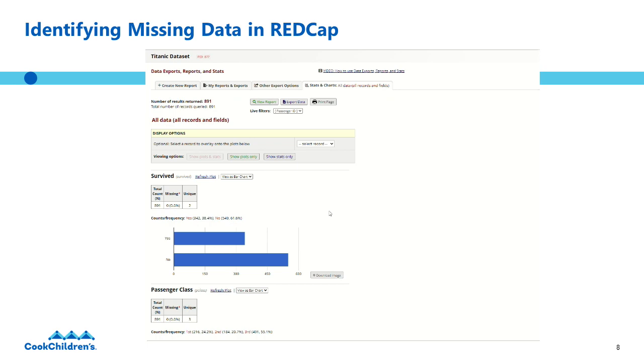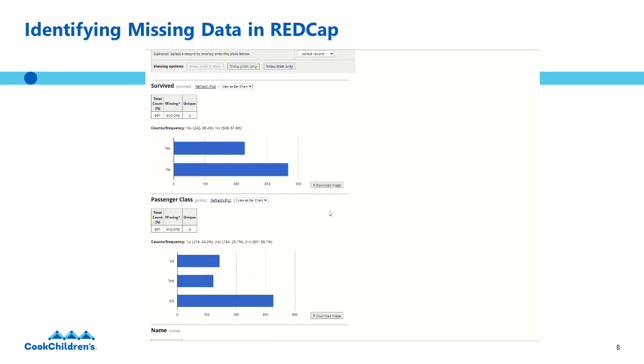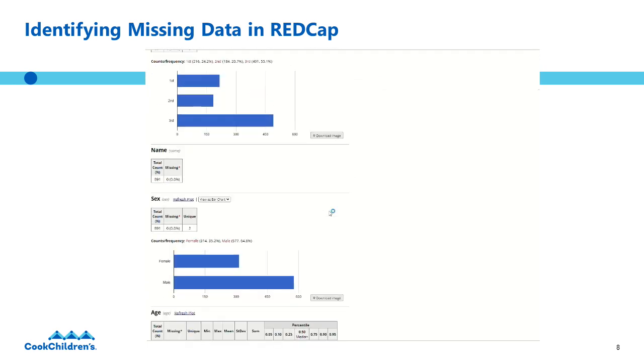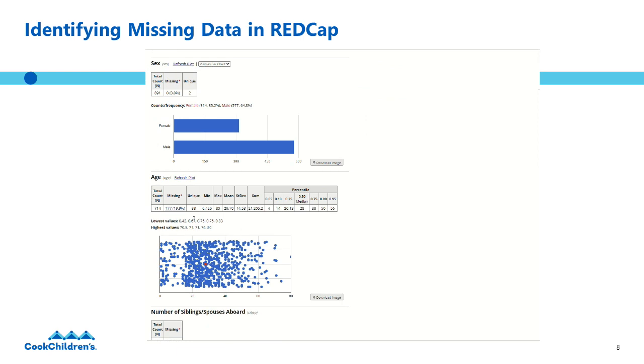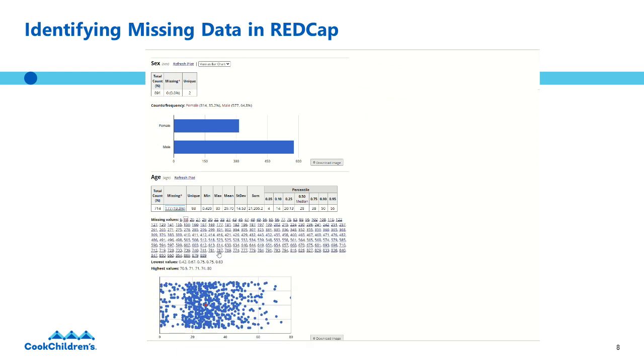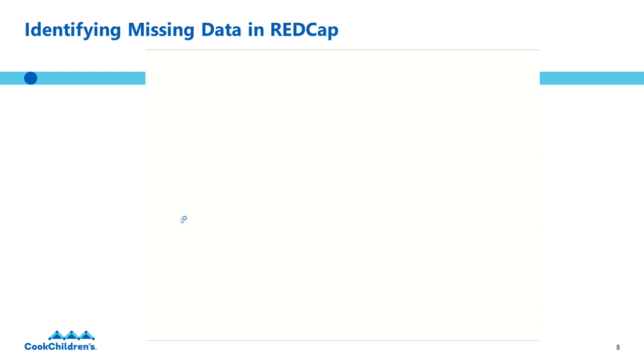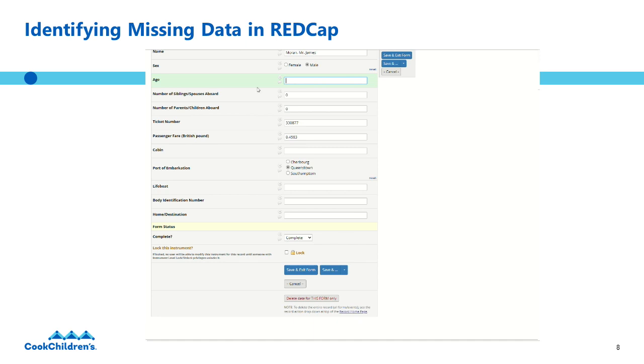and scroll down. You can see that the first few were completed fully. Then we get to age, and age has 177 missing variables. So if you click that link, it opens them up, and I can see all of the ones missing. I click on a number, and in a separate window, it's going to open it up to the field that is missing so that I can populate that field.